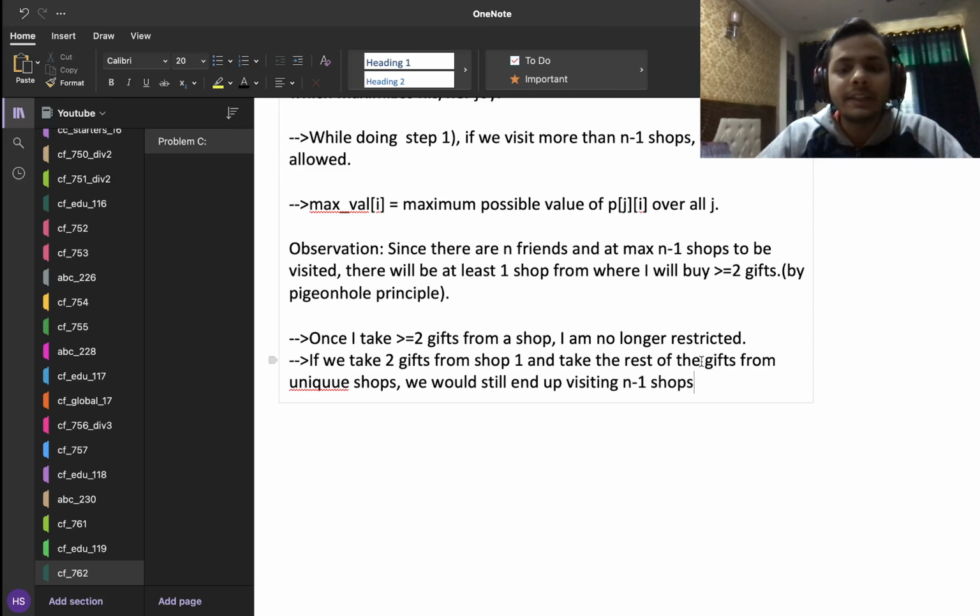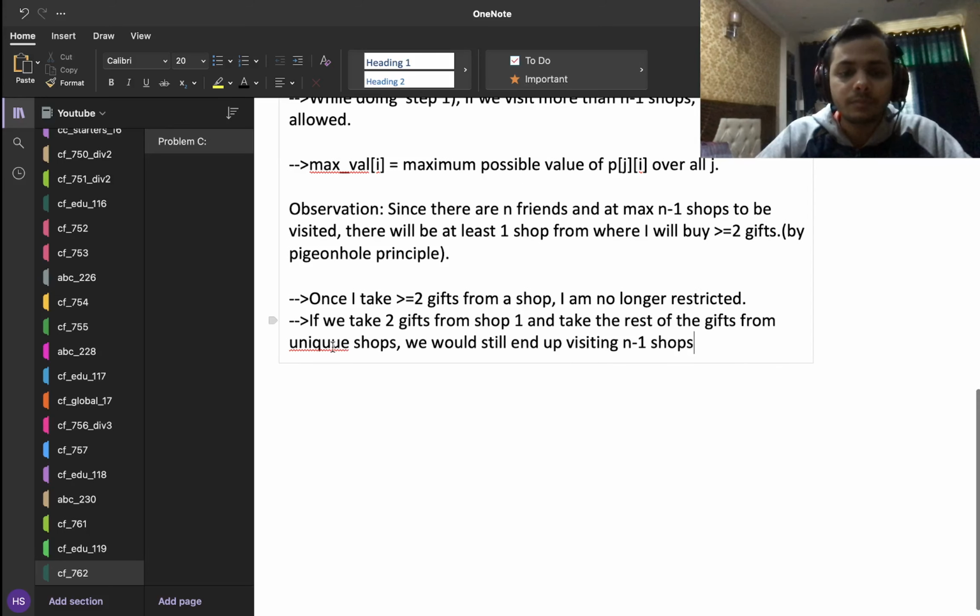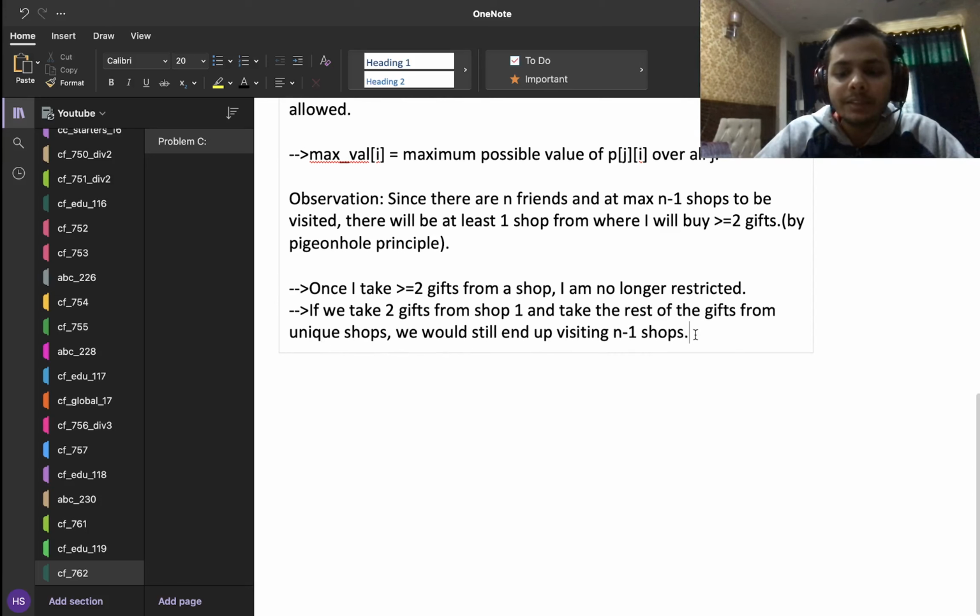And we can't do greater than that. We can't visit n shops if we are taking greater than or equal to 2 gifts from a shop. And all that means is that once I have fixed a shop from where I am taking greater than or equal to 2 gifts, I am no longer restricted. For all the other people, I can just take their maximum, their max val, right? I have already calculated max vals. So yeah, that's about it.